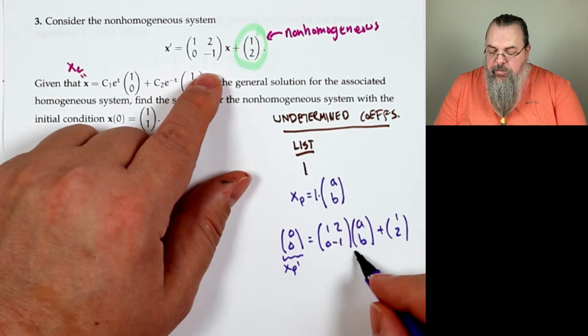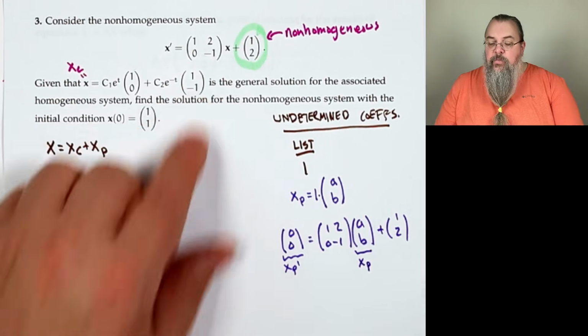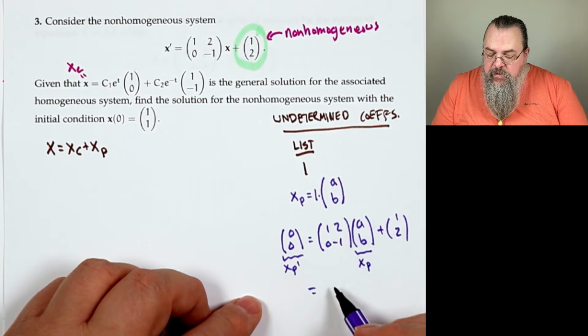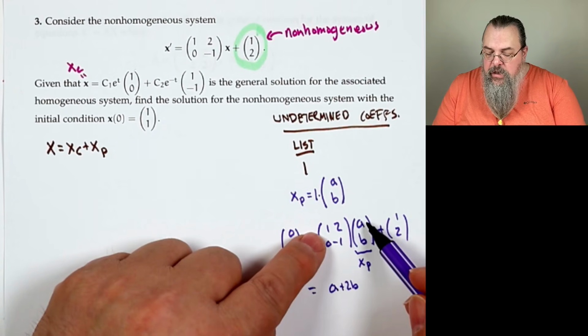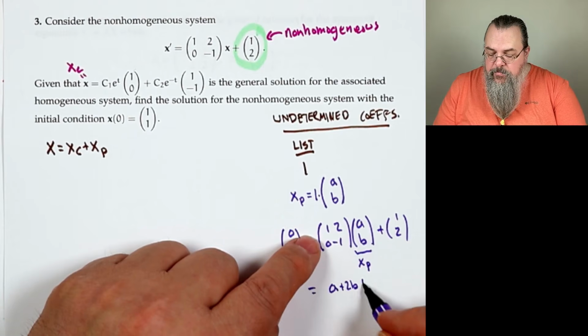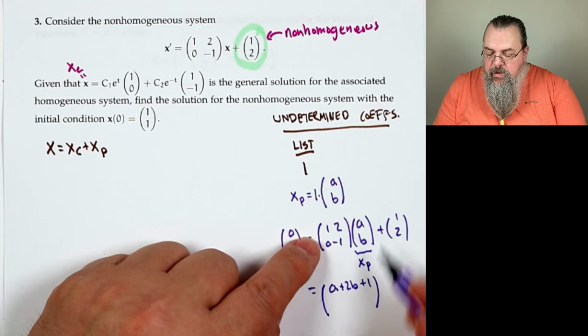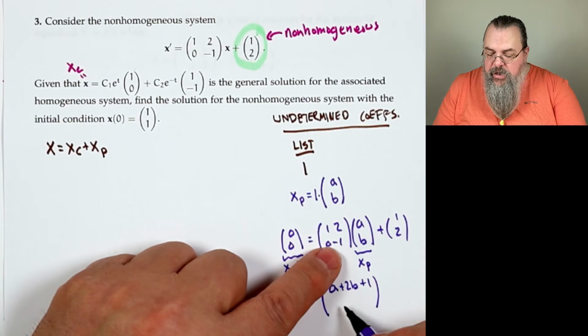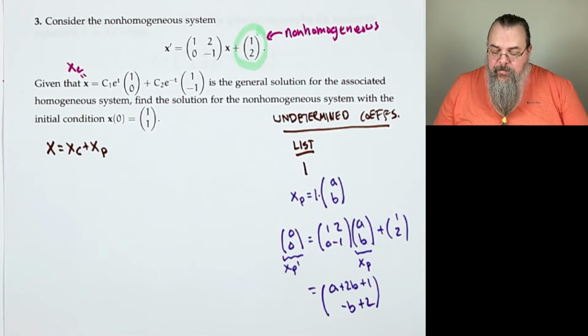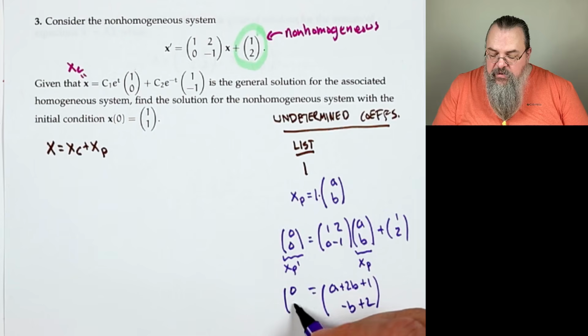Right, here's our xp. Well, if we clean up on this side, that's a plus 2b plus 1 in the top entry, 0a minus b plus 2 in the bottom entry. And remember, this is [0; 0].